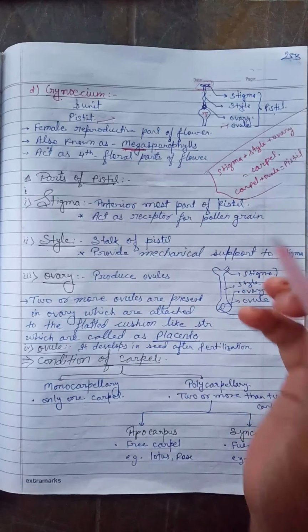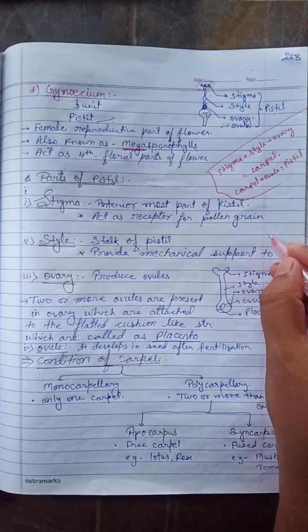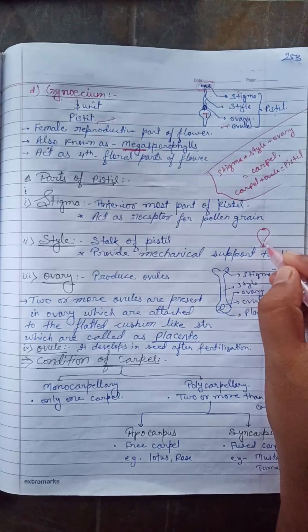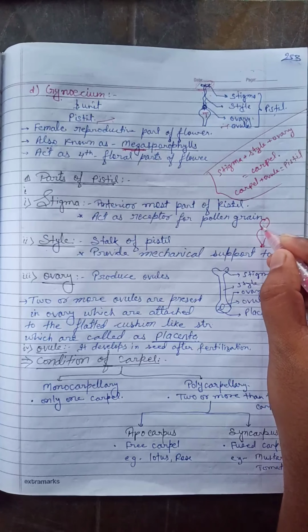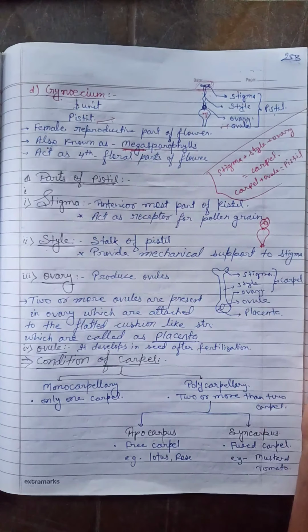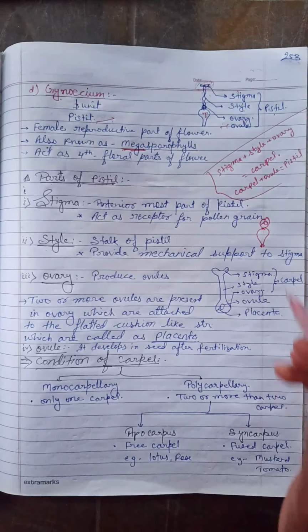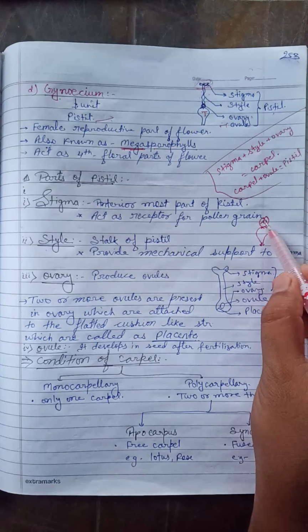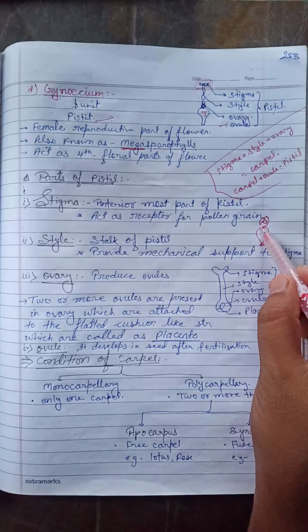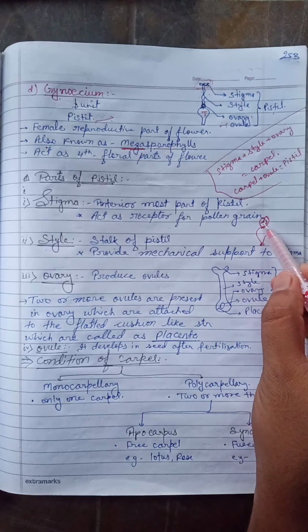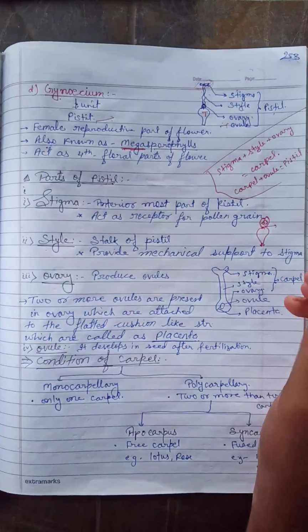Ovary, as I told you earlier, suppose this is the thalamus and this is the ovary, and the ovary contains ovules. The ovules are connected with a cushion-like flattened structure. This is called the placenta.